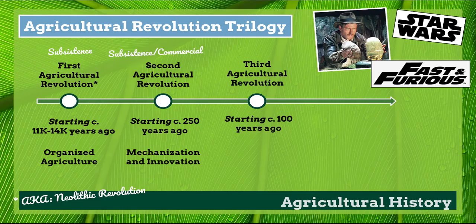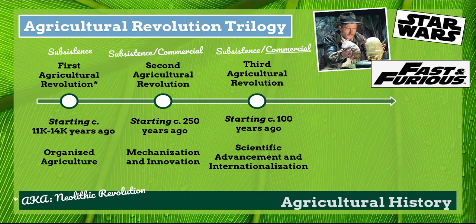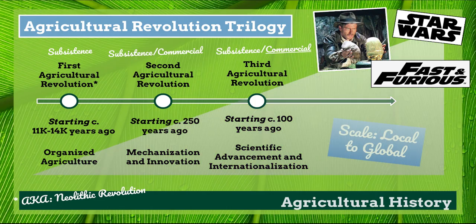We have the third agricultural revolution starting about 100 years ago. And this is where we still have a blend of subsistence and commercial, but more of an emphasis on commercial farming. And this is because of scientific advancement and the internationalization of everything, globalization.